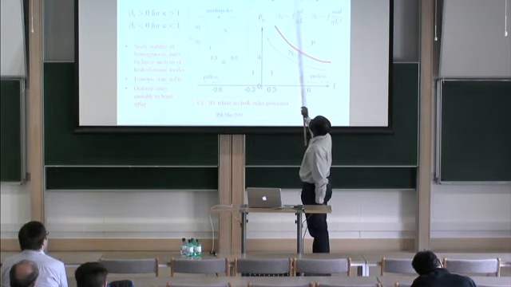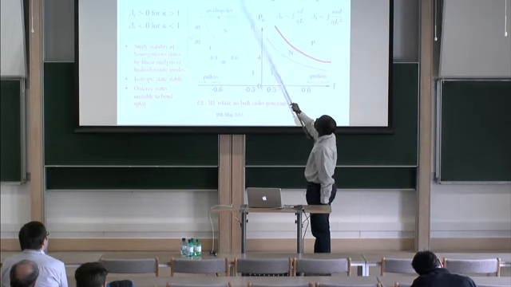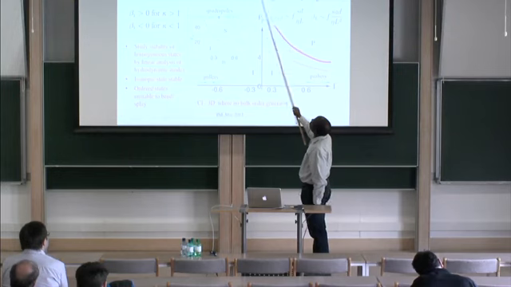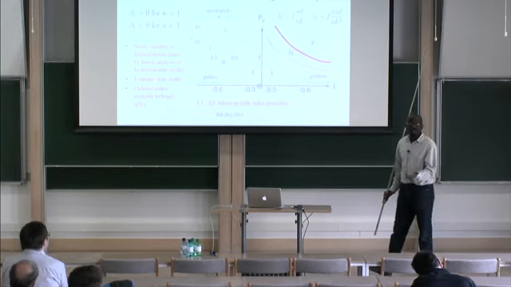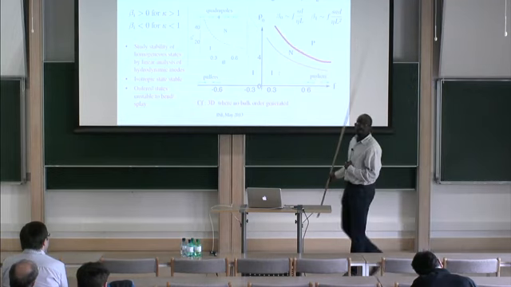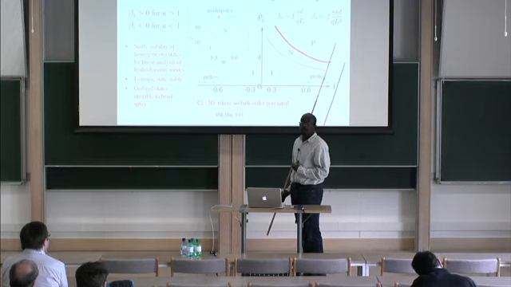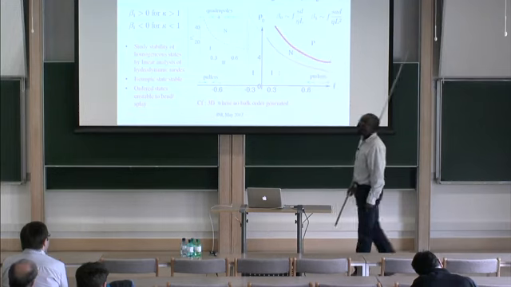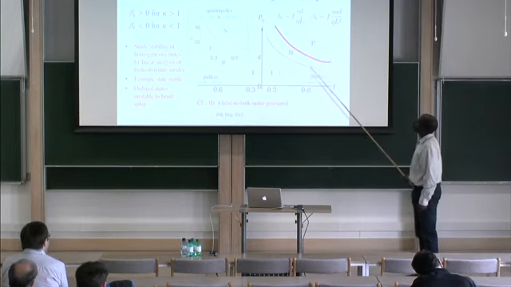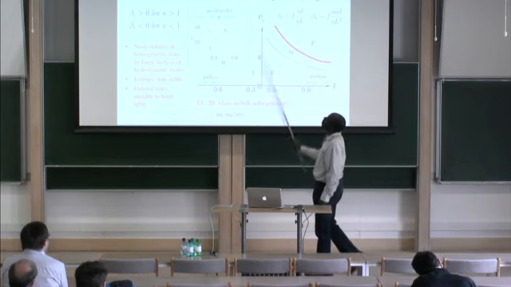Now, once I have these terms, depending on the signs of these, it's possible for me to find solutions where P has non-zero values. It's just looking for the steady states of this equation.